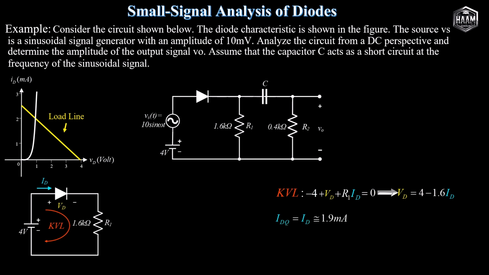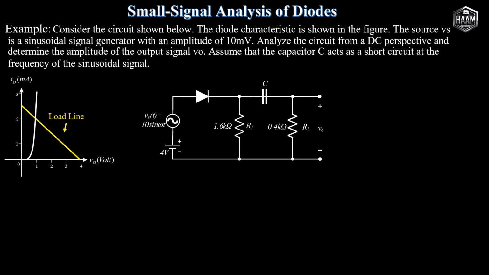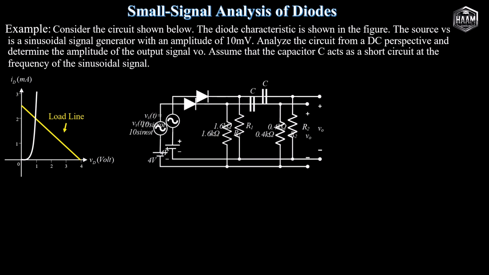The current I sub DQ is approximately 2 milliamps, evaluated at exactly 1.9 milliamperes. Substituting I sub D equal to 1.9 milliamps, we obtain the voltage V sub DQ, which evaluates to approximately 0.96 volts. Having established I sub DQ, we now transition to a small signal AC analysis.